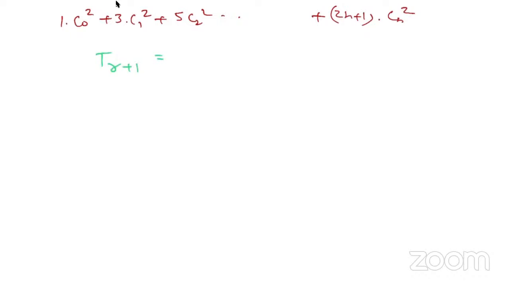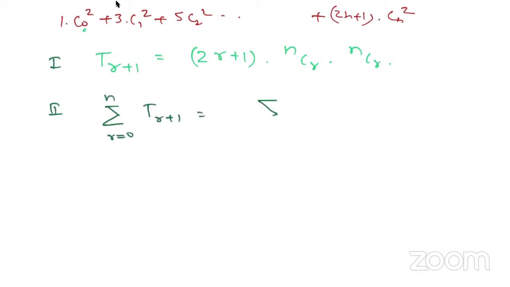It's better to write the TR plus 1 term because it starts from 0. So this will be 2R plus 1 into NCR into NCR. Step second: summation of TR plus 1 term, R is equal to 0 to N, is summation 2R plus 1 NCR into NCR, R is equal to 0 to N.